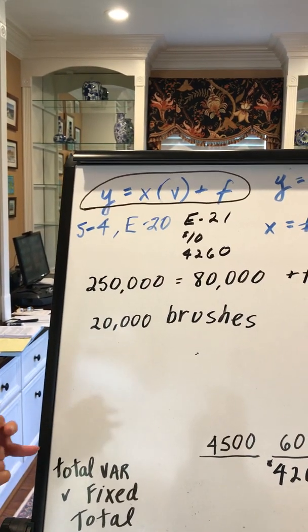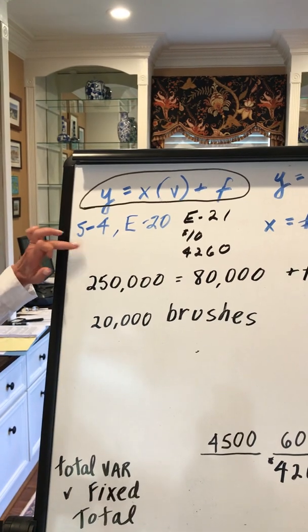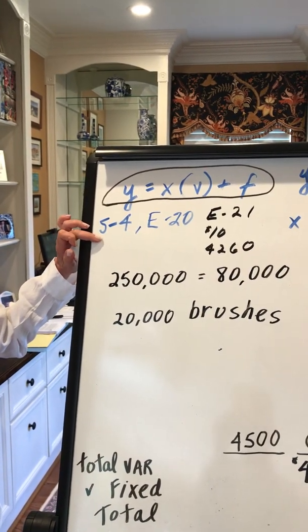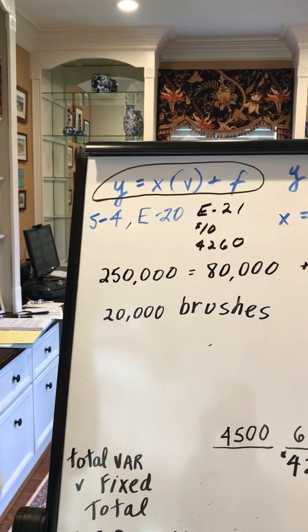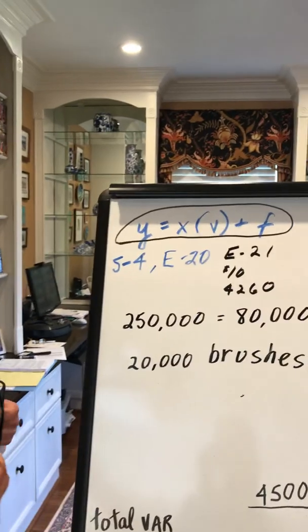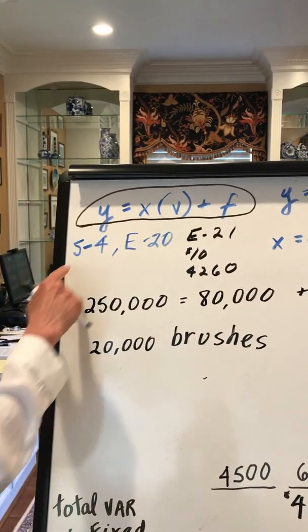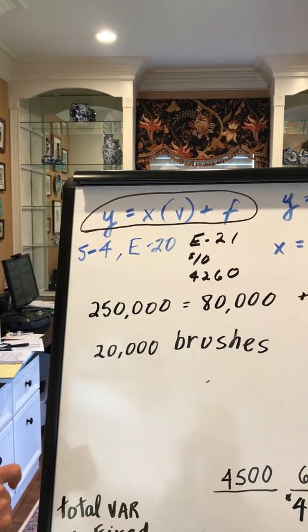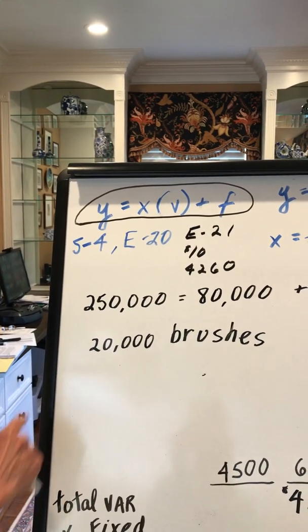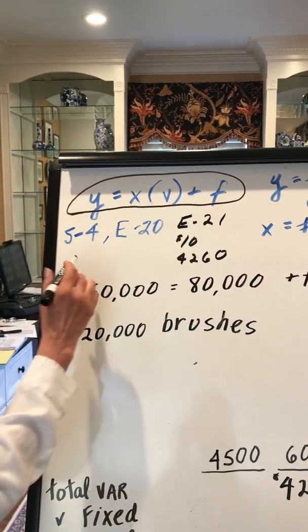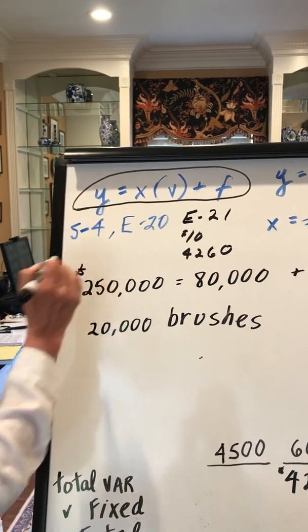So let's think about problem number 4. This is problem S4 in your book. We have a company that is making brushes. They tell us in problem S4 that the total cost to make 20,000 brushes is $250,000.